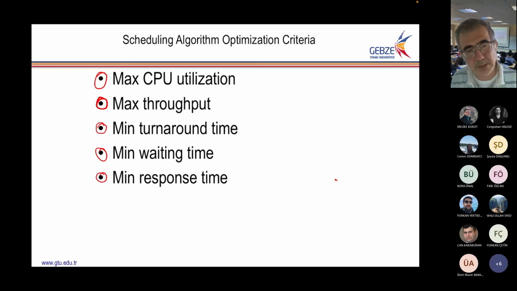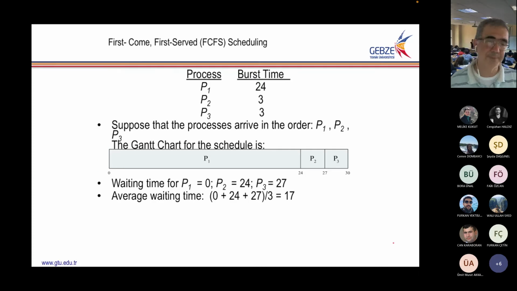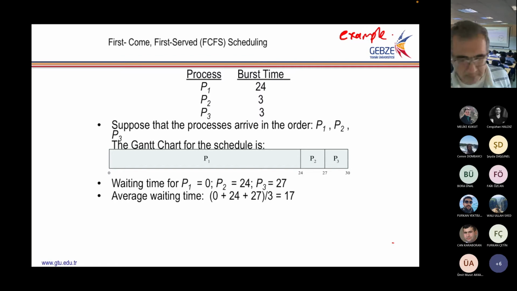So here's an example. In this example, you have 3 different tasks. That could be barber, tailor, car mechanic, or operating system. The first task takes this amount of time, let's say 24 milliseconds. The second task takes 3 milliseconds.